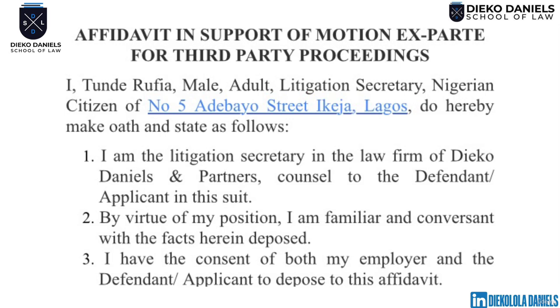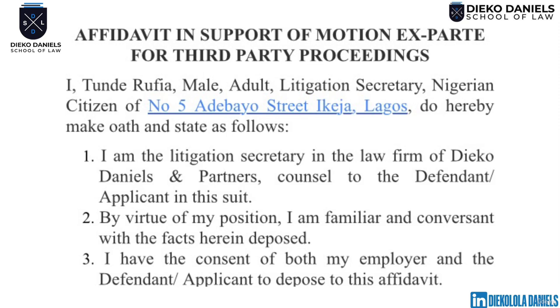So your first paragraph, you introduce. Your second paragraph is that you tell us that by virtue of your position, you are conversant with the fact. Then what's your third paragraph, where you tell us that you've gotten consent? I have the consent of both my employer and the defendant applicant himself to depose to the affidavit. So, number 1, who are you, and tell us your relationship with the people here.